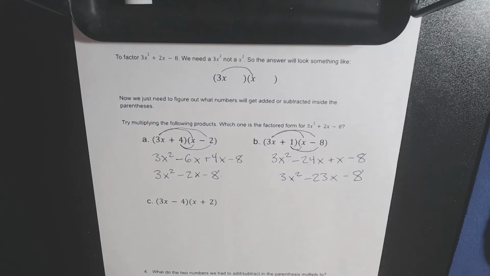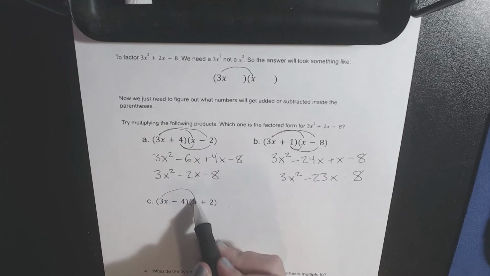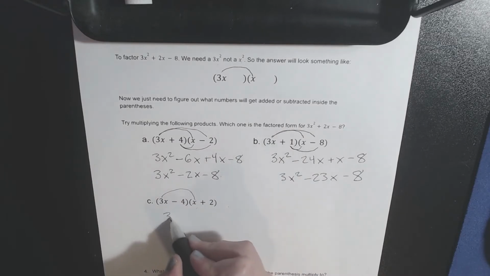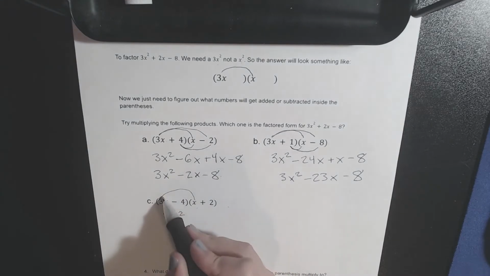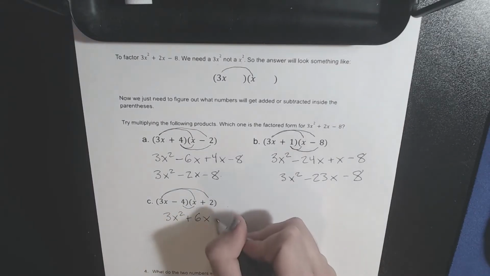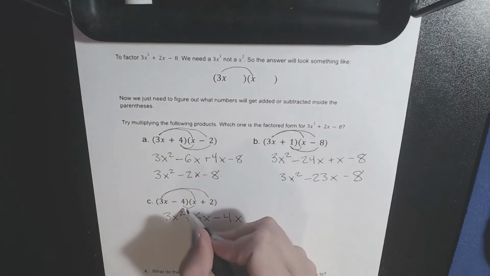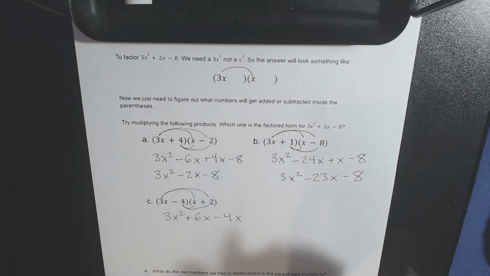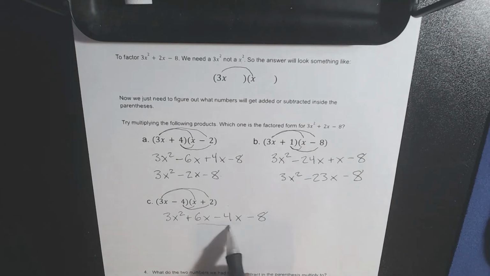Let's check and see: does 3x minus 4 times x plus 2 give us what we want? Well, let's do it. 3x times x is 3x squared. 3x times 2 is 6x. And then negative 4 times x is negative 4x. Negative 4 times 2 is negative 8. Let's combine our like terms, these two in the middle.